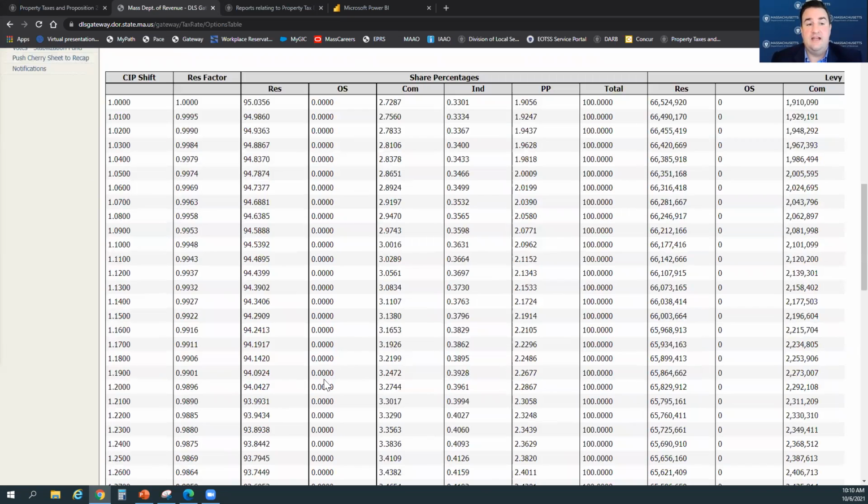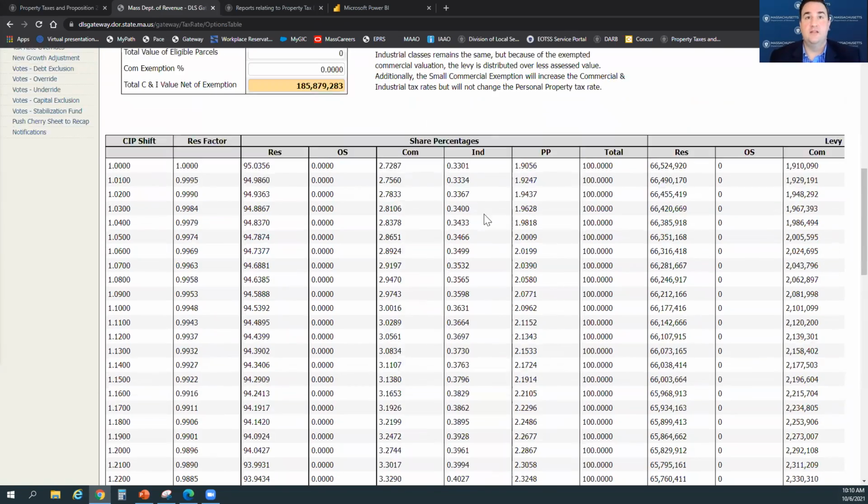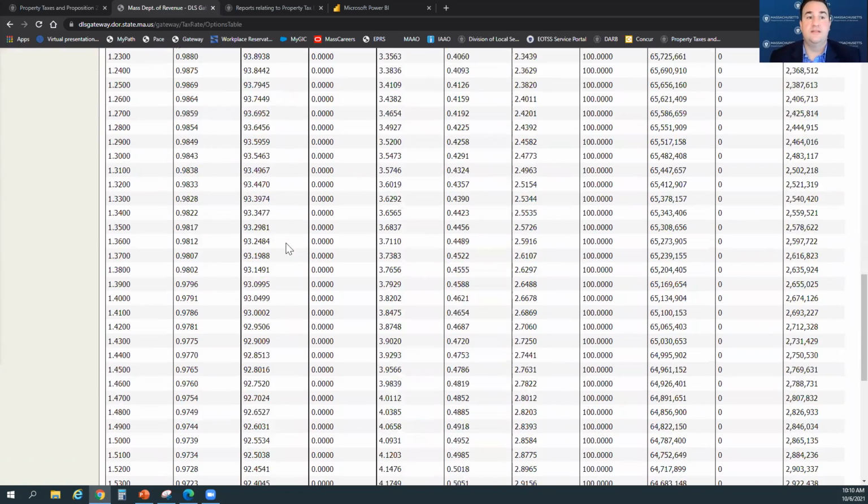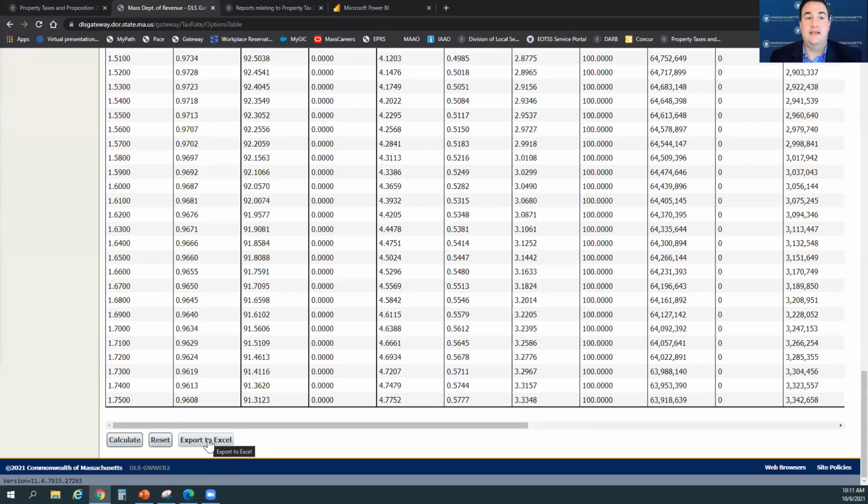So getting into the actual data or what this report produces, there's all sorts of different ways to look at this. You can also export this as an Excel file.